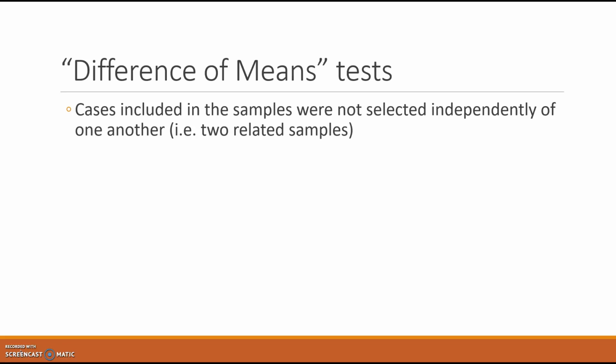So what happens sometimes, which we'll learn more about later in the class, is that you might want to do a single subject design, or what might be called a repeated measure design, or within subjects design.